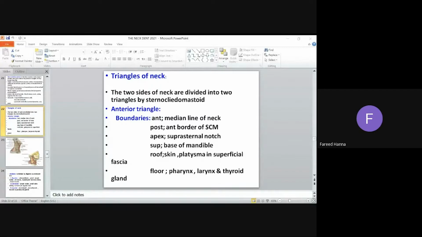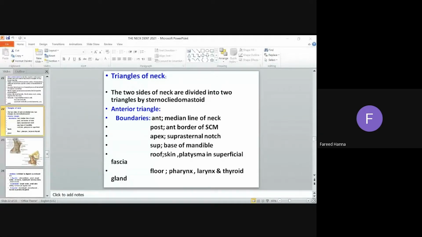So presence of sternocleidomastoid muscle on each side of the neck, extending from mastoid process down to the medial end of the clavicle and manubrium sterni, divides each side of the neck into 2 triangles, an anterior triangle and a posterior triangle. So again, the 2 sides of the neck are divided into 2 triangles by sternocleidomastoid. Anterior one, it's bounded anteriorly by the anterior median line of the neck.